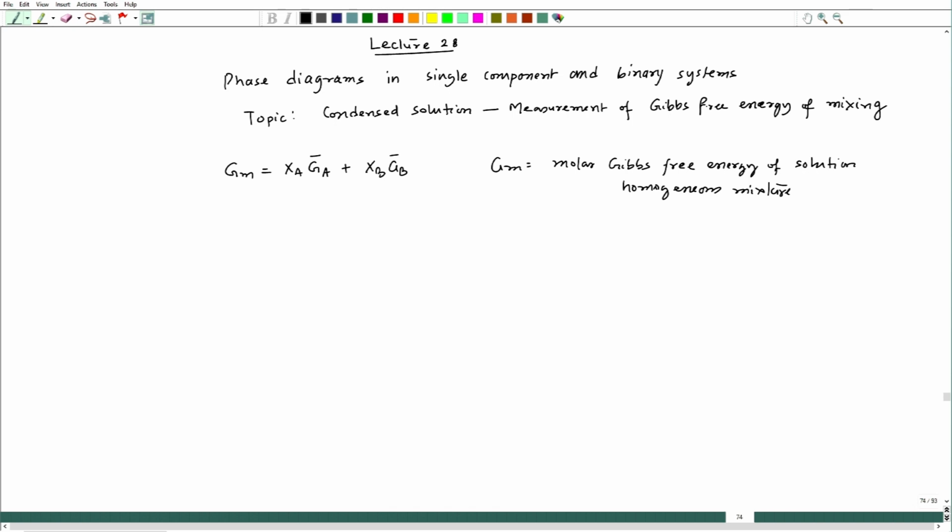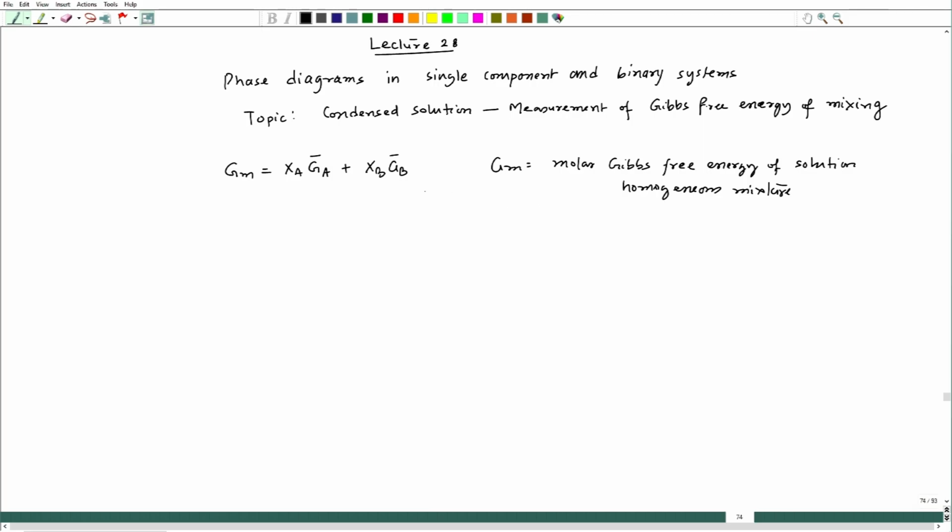In case of ideal mixture, the constituent molecules will not have any interaction between each other, but in case of real mixture we can have interactions. Both the cases it will be applicable. So, this formula will also be applicable for the condensed solution.